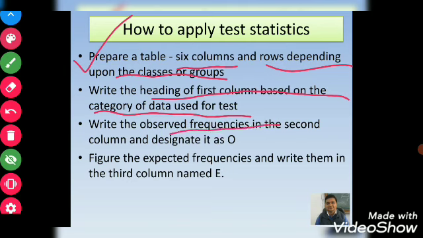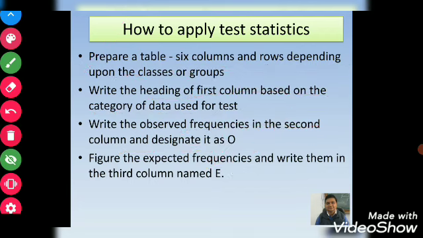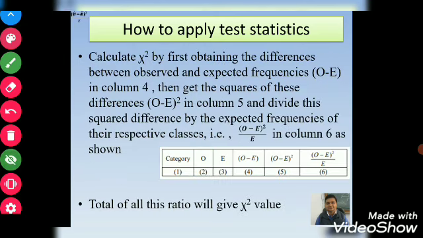Write the observed frequency in the second column and designate it as O. Then, third, figure out the expected frequency and write it in the third column, named E. So you have defined three columns: first for category, second for observed frequency, and third for expected frequency. Just see the sample of the table.